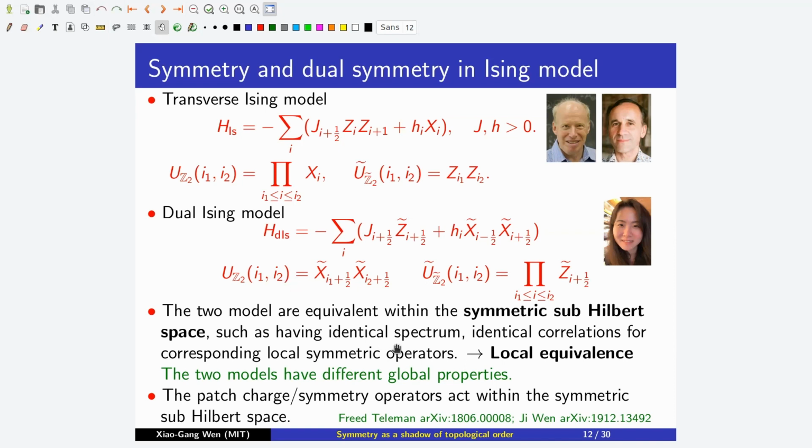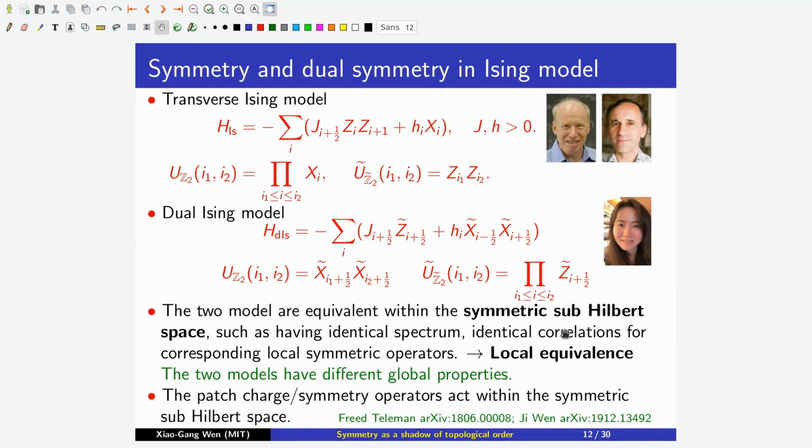The claim is that under this symmetric subspace, the Ising model and the duality model have identical spectrum, and also identical correlation functions for symmetric operators, not for operators that would act outside the space. That's no good. So for symmetric operators, they have identical correlation functions.